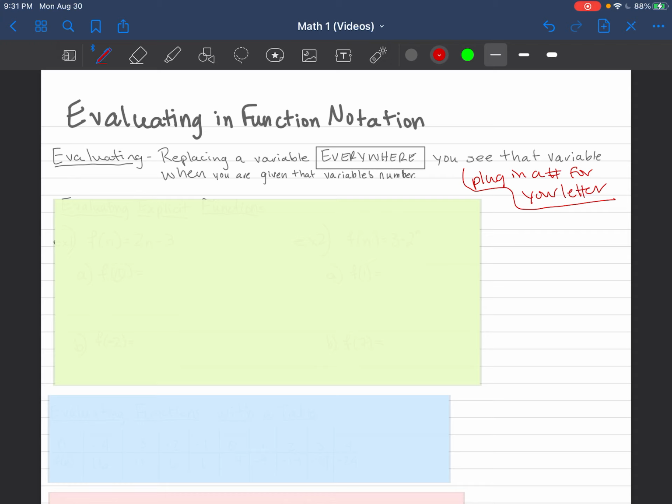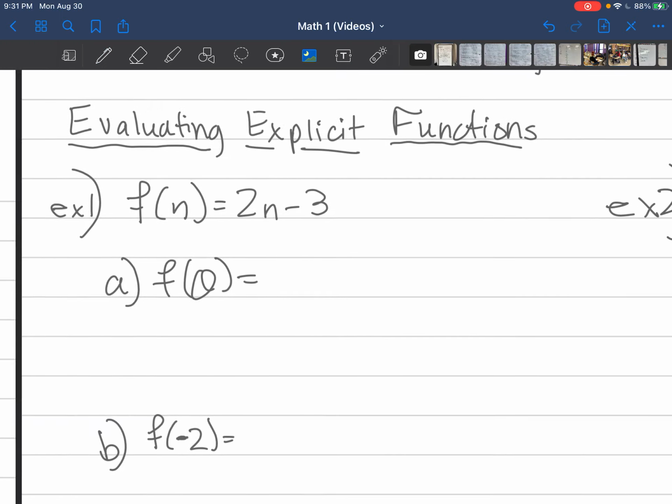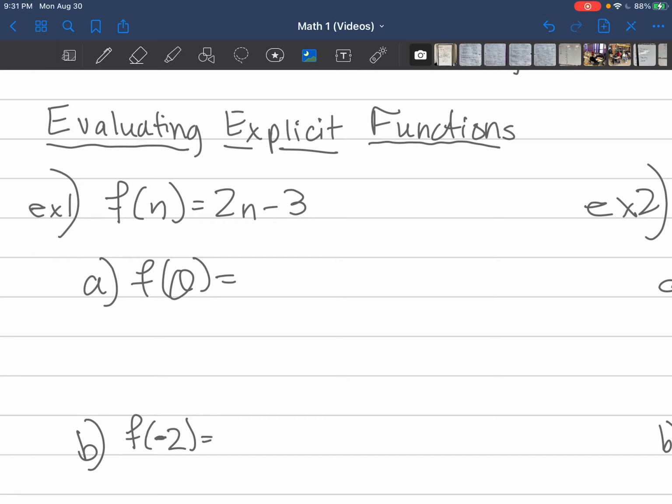So let's look at this first bit. Yes, you will have to copy all of this. For example, evaluating explicit functions. We have f of n is equal to 2n minus 3. So in this explicit one, if this n gets replaced with a number, then we replace this n with a number as well.